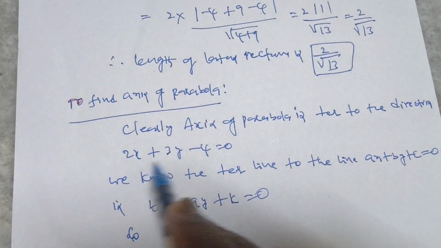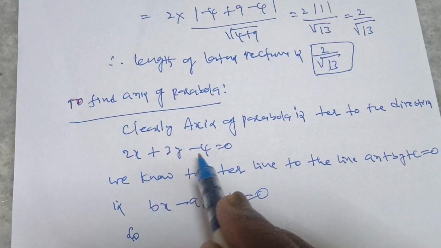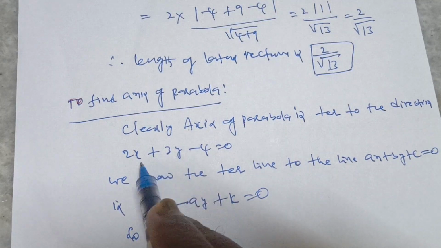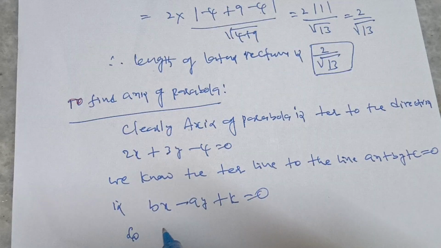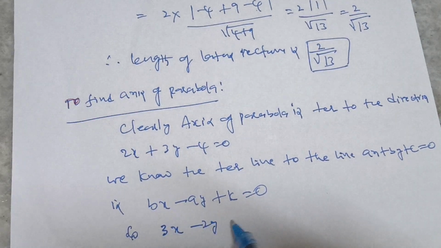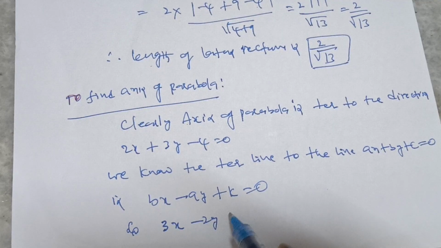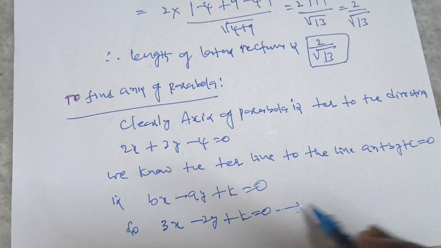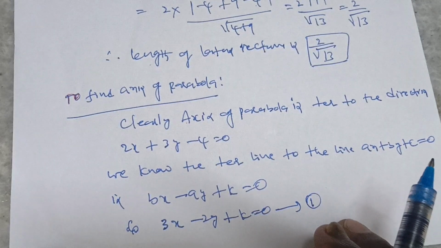So to this line, what is the perpendicular line? Changing the coefficients, 3x minus 2y plus k equals 0. So this is equation number 1.